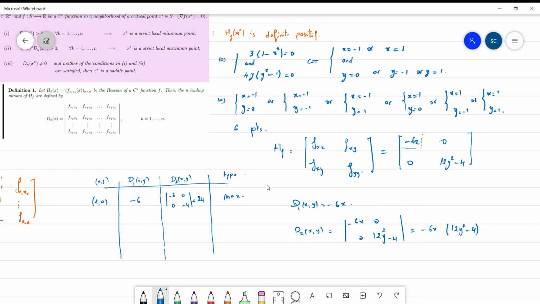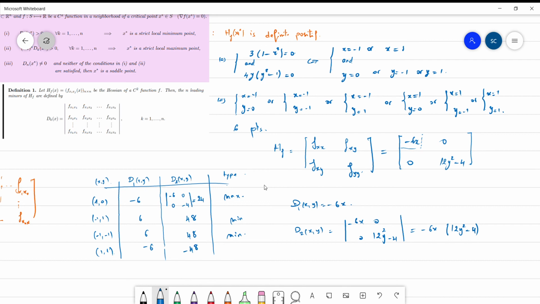For (minus 1, 1) you will get 6, and I'll just give you the values. So positive, positive means a local min. If you have (minus 1, 0) it's 6, and you have 48, so you have another local min. And here then (1, 1), you have minus 6; compute the values for yourself.